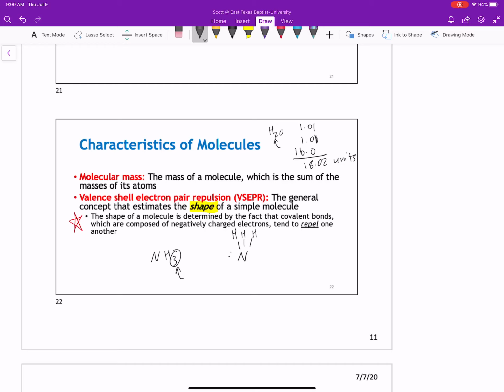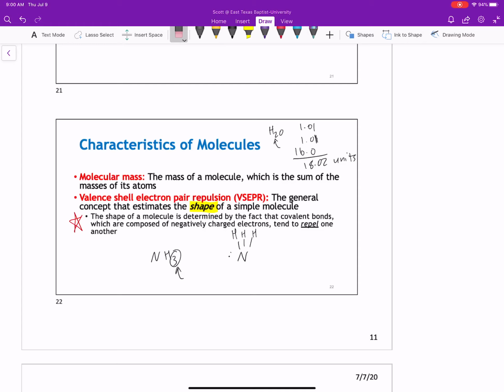It's because each covalent bond is composed of 2 electrons. We just show it as a line indicating 2 electrons. And then over here you have this non-bonding pair of electrons to fulfill the octet, making this a stable molecule.